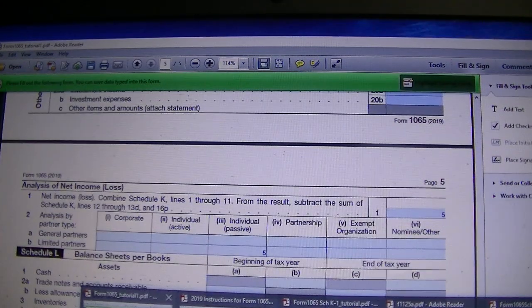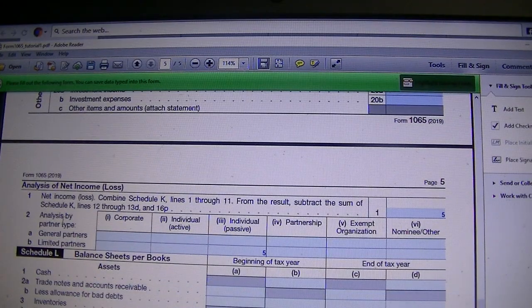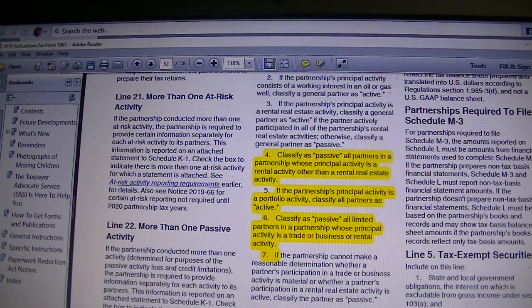So that means if it was a portfolio and you have an LLC, you still fill up the limited partner, but you put the total amount here for the portfolio. And for the real estate, what did they say? Classify as passive all partners in a partnership whose principal activity is a rental activity other than real estate activity. So the real estate is down here.